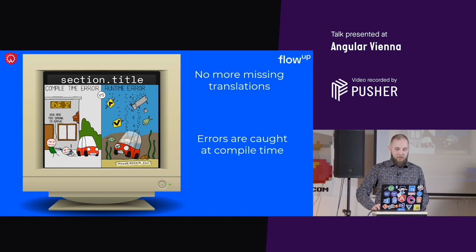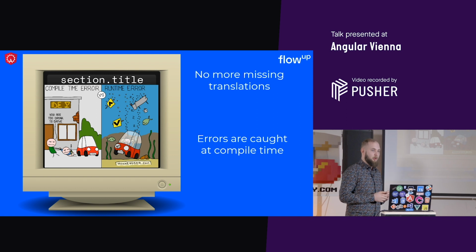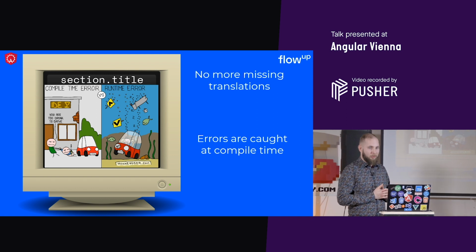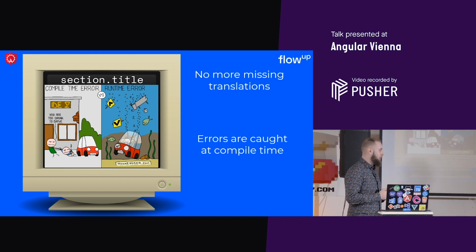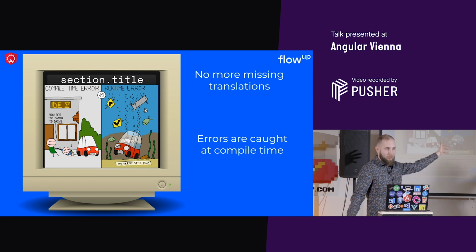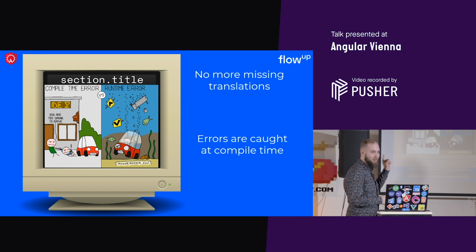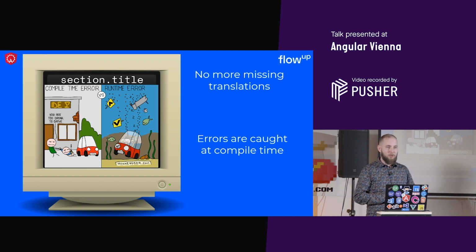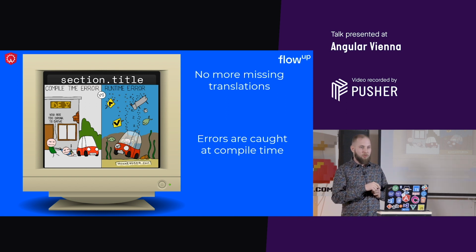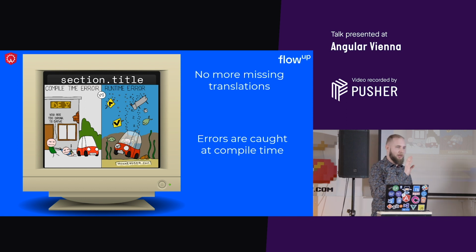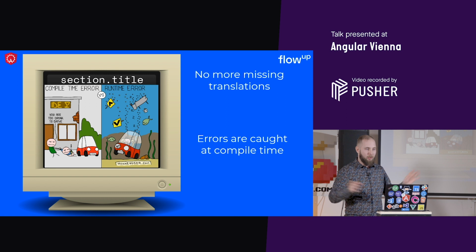Best thing about this is that this is done mainly at build time. What does build time mean? It means that you will never see something like this: section.title. Have you already seen that in a project? You are missing a key? Yeah, I think everybody has seen it. This is one of the most common problems in production with translated products, that somebody refactors something, or let's say nobody uses this text in a footer, let's delete it.